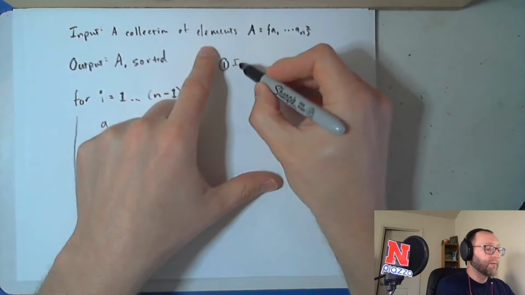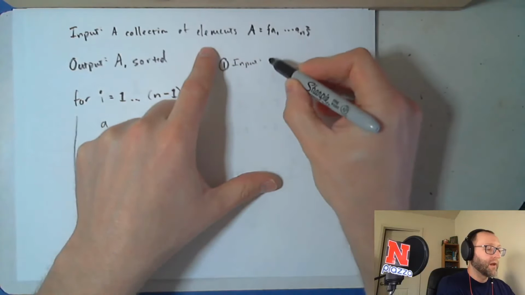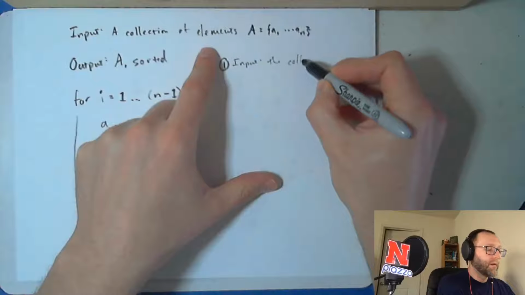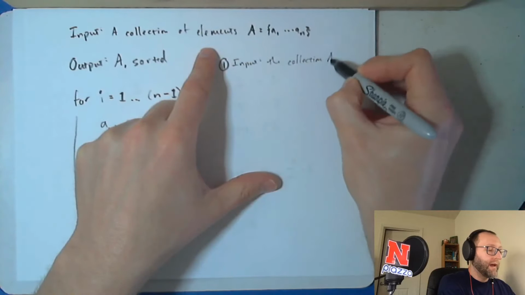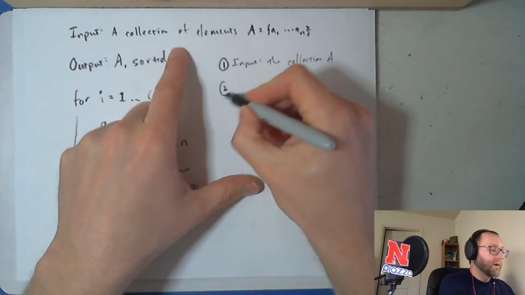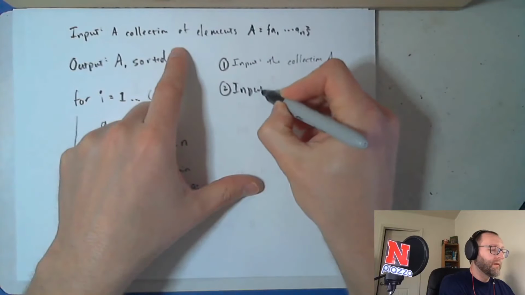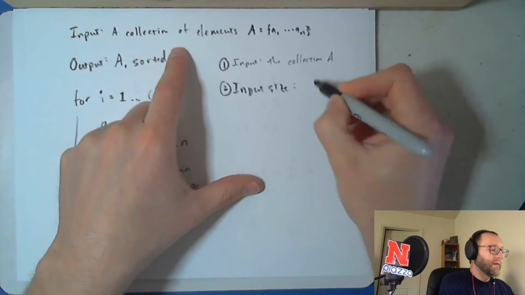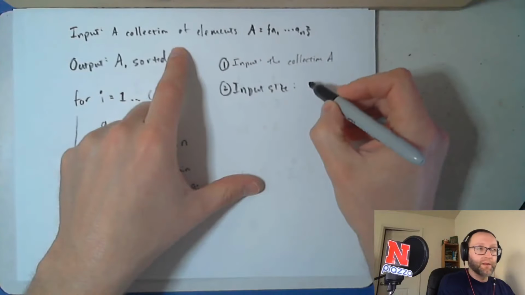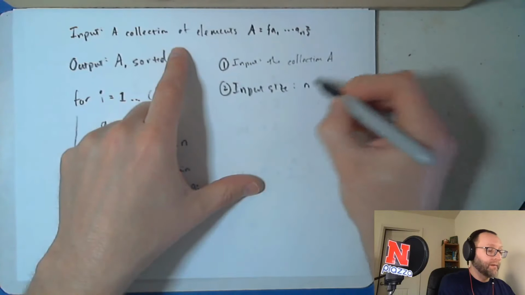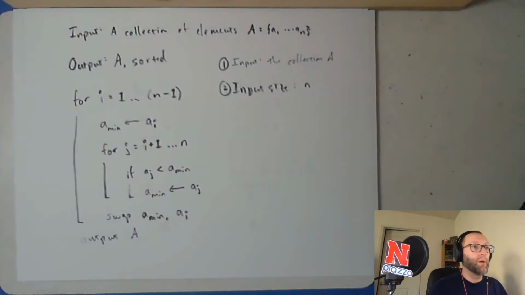Our input is going to be the collection A. What is our input size? The number of elements in the collection, n. Right? That's why I labeled it that way. Good pseudocode will have half of the work done for you.